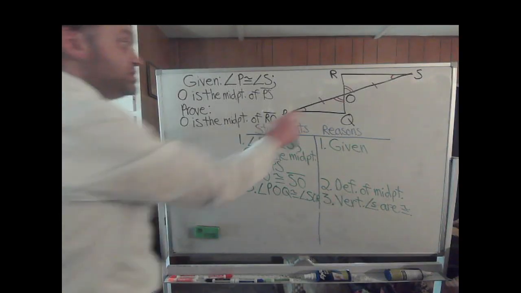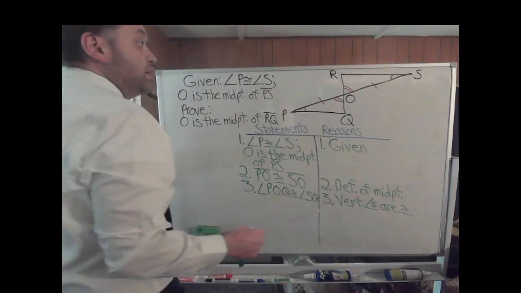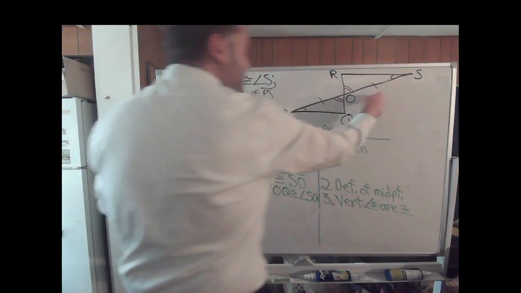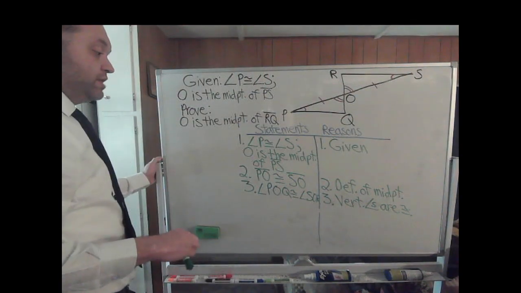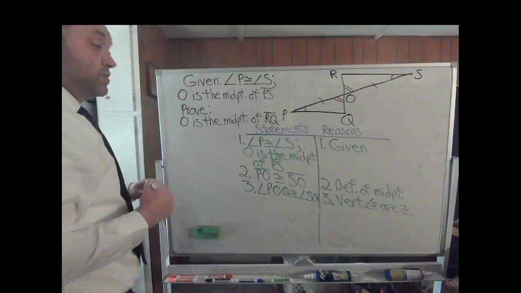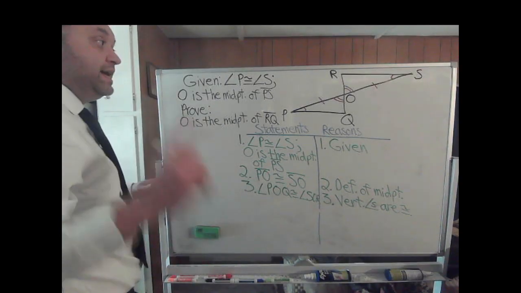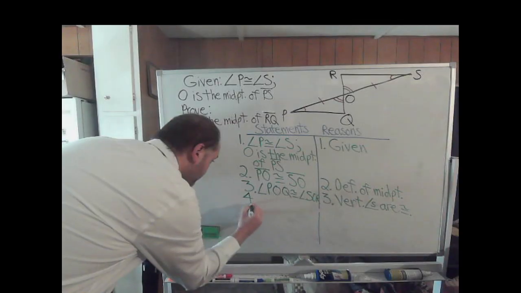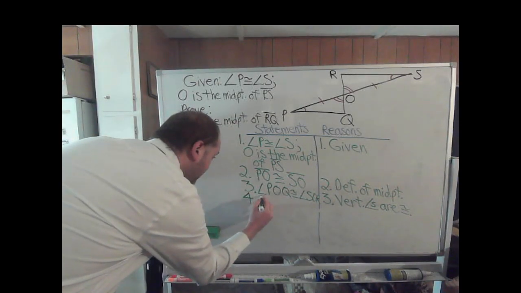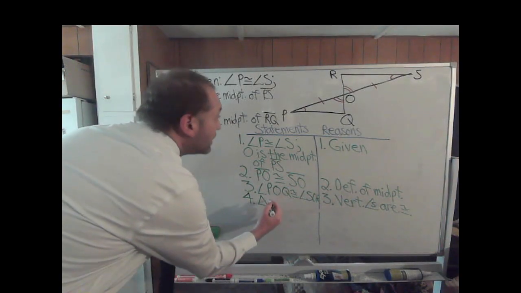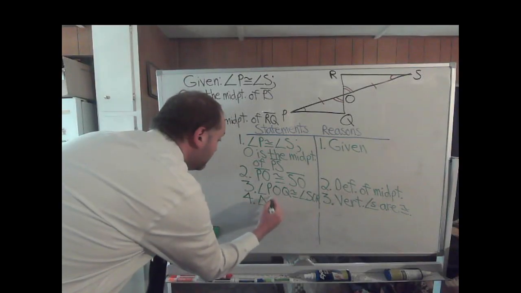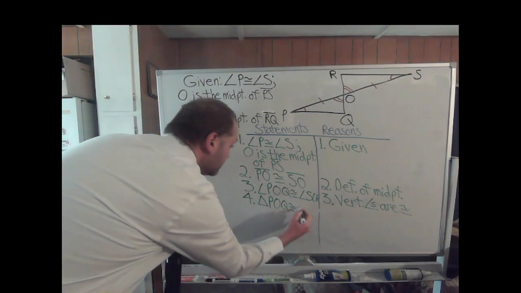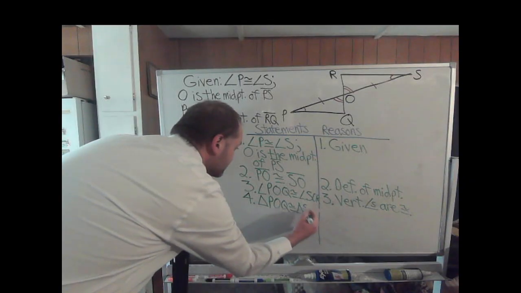Now where do we go from here? Well, let's look at these two triangles here. Notice in each triangle you have an angle, a side, and an angle that are congruent to each other in both triangles. So that sounds to me like angle, side, angle postulate. So from here, we can actually prove that triangle POQ is congruent to triangle SOR.